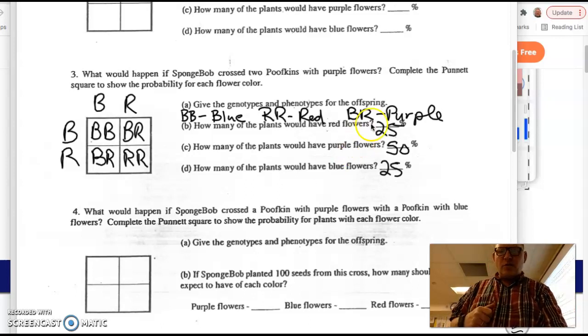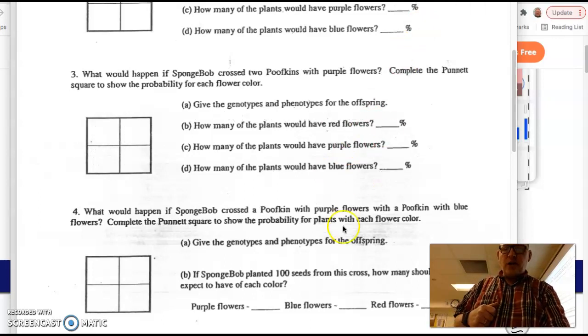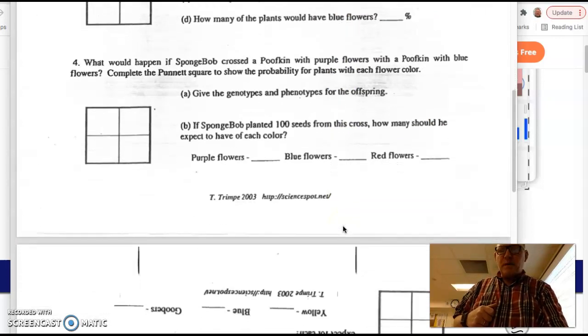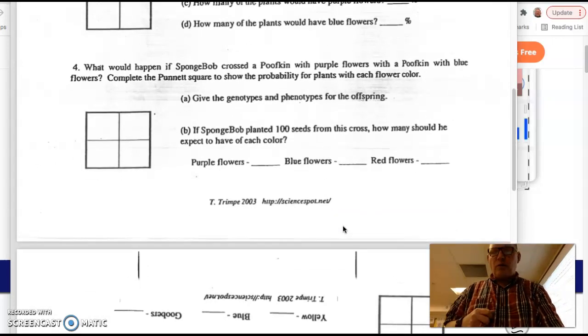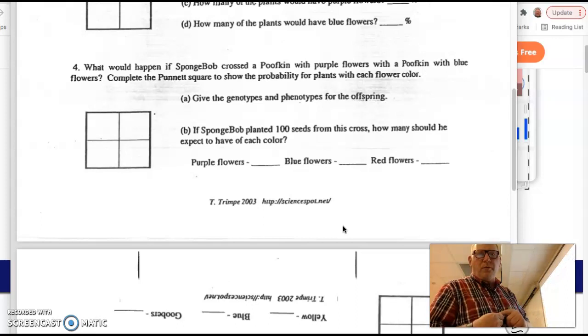Okay, so we're going to switch over and do number 4 together, and then after that, I'm going to turn you loose. Clear the ink, move it up, and number 4. What would happen if SpongeBob crossed a pumpkin with purple flowers with one of blue flowers? So set that up.